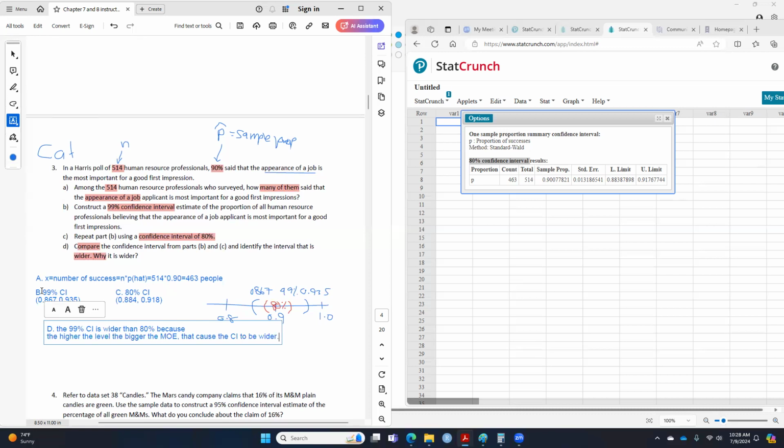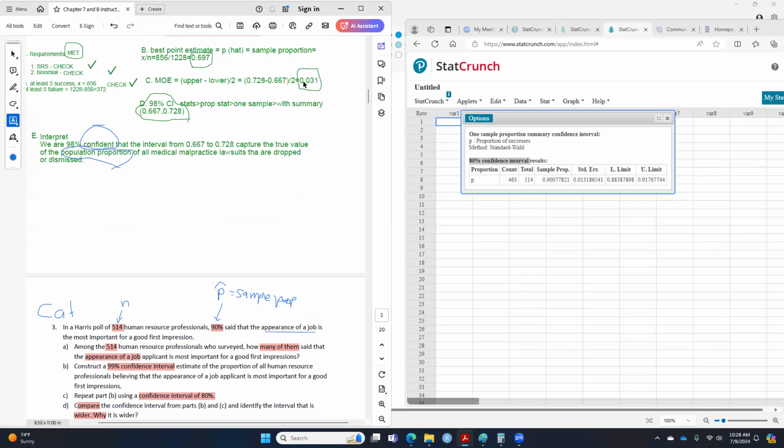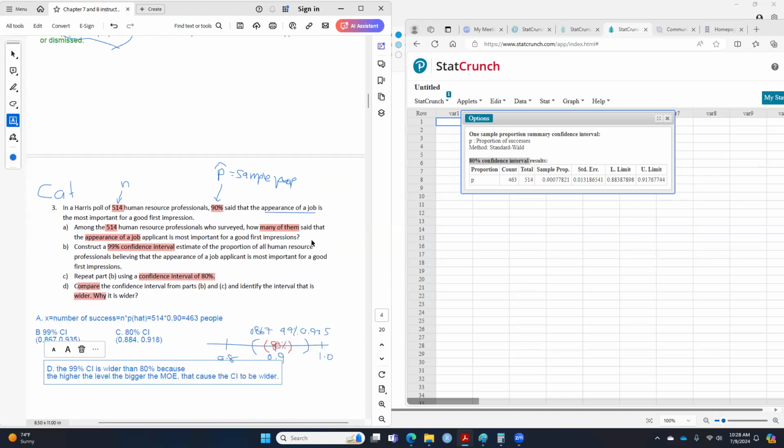So if you use a higher confidence level in this case, it will make the margin of error bigger, the plus minus, you know, the MOE that we did here. So if you make that bigger, then that will make the confidence interval wider.